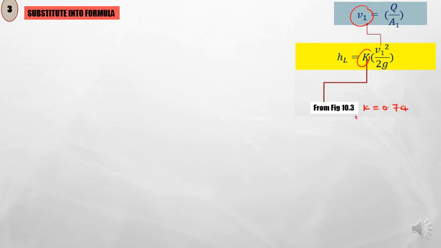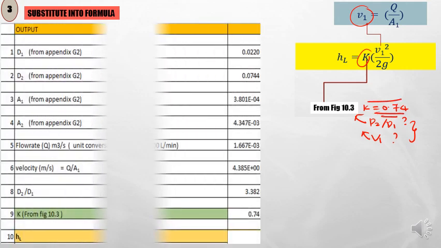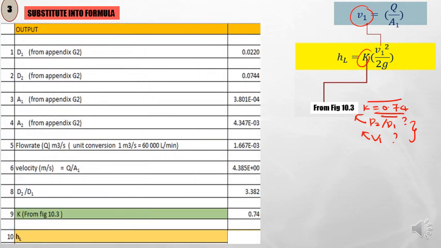In order to use this figure, you need to get the D2 divided by D1 ratio and your V1. So based on these two values, you use this figure, and you'll be able to get the K value. Okay, so here is the answer.